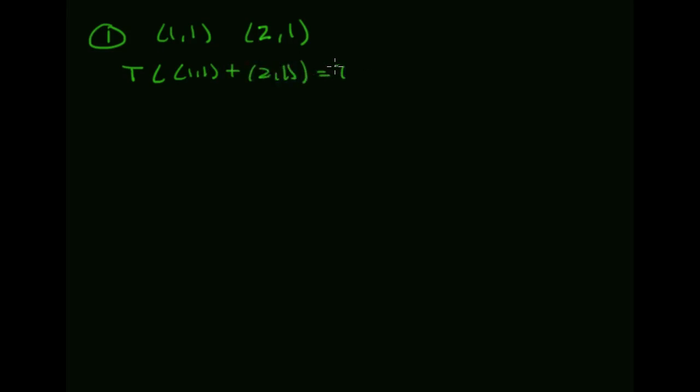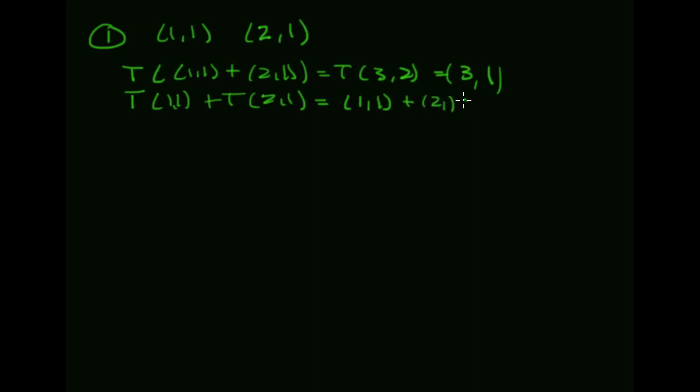So this is going to be the linear transformation of (3, 2), which is going to come out as (3, 1). If I take the linear transformation of (1, 1) plus the linear transformation of (2, 1), I'm going to get (1, 1) plus (2, 1), which is going to give me (3, 2).